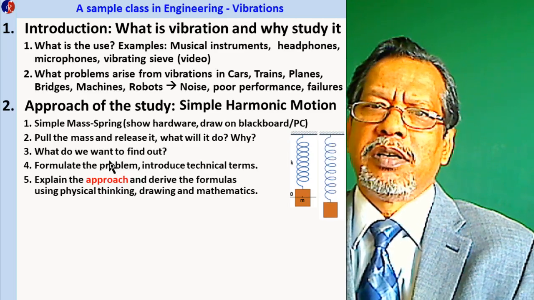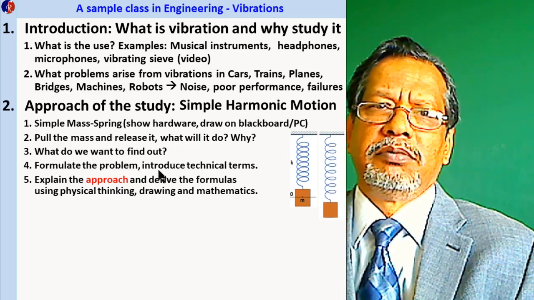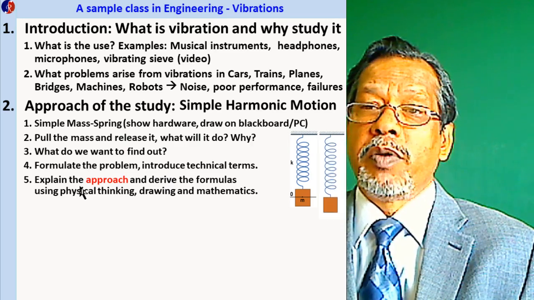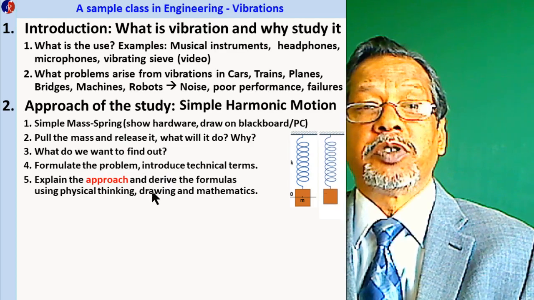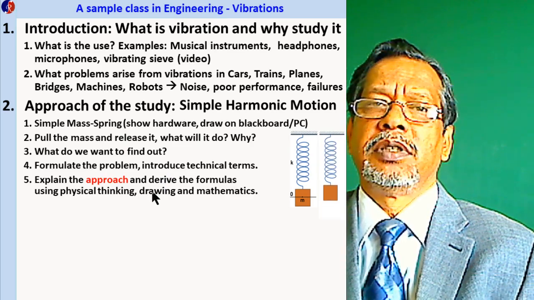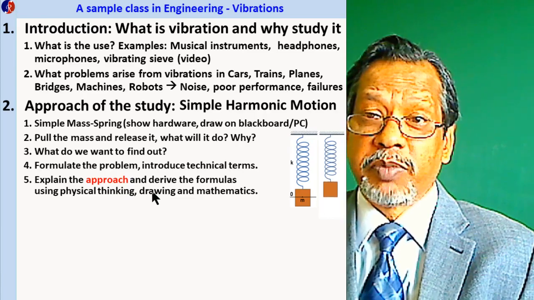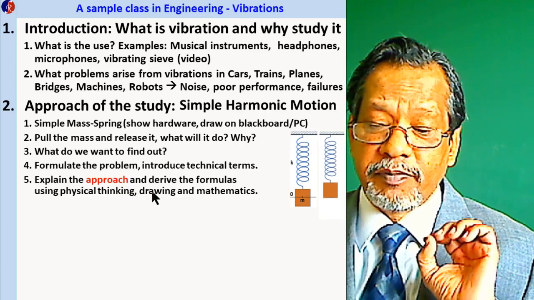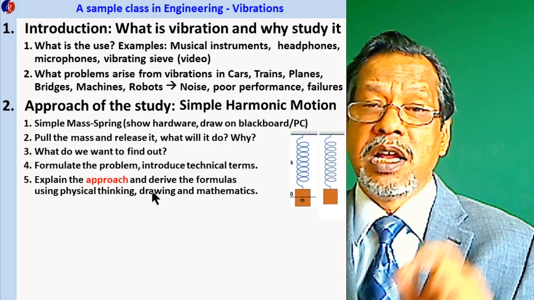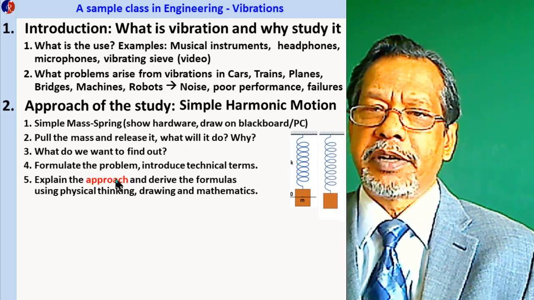You have to explain. Formulate the problem. Only the first few steps. What we want to do. Then explain the approach. How are you going to find these things out? How are you going to solve this problem? Okay, make them think. Please make them think. Do not spoon feed them with all the things that you know. Ask them the questions. That will make them very good engineers later on.